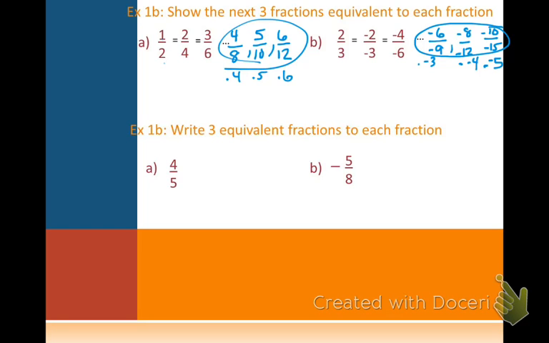Now, we have 1b. Write 3 equivalent fractions to each fraction. Now, to make it easy on me and for you when we do the homework answers, I would like you to multiply by 2 over 2. So I want you to do one where you do 2 over 2.